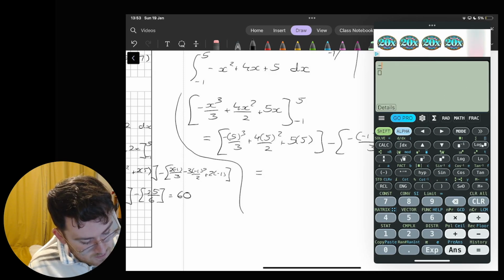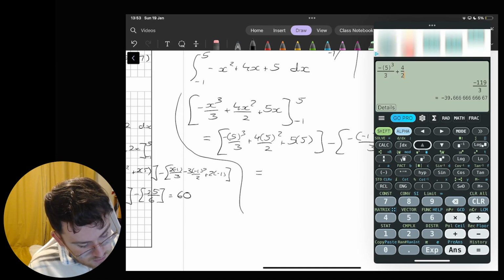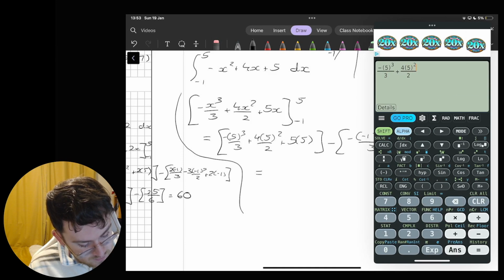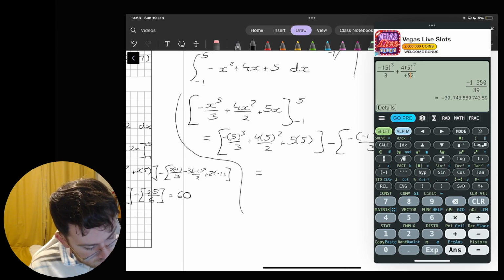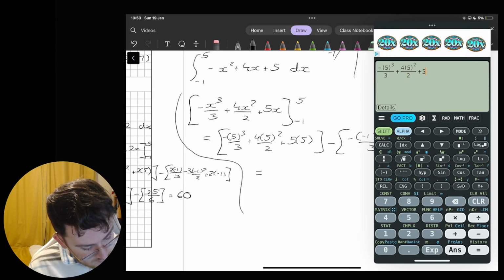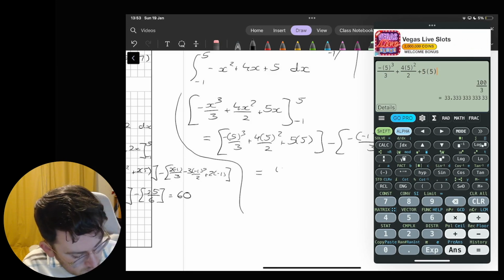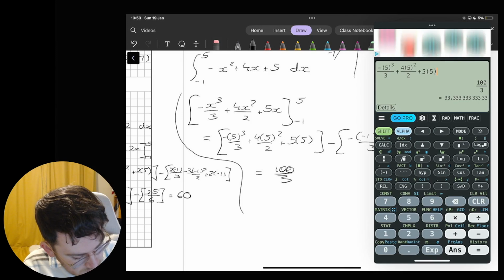So 5 cubed over 3 plus 4 over 2, 5 squared plus 5 times 5. Oh, sorry, I keep adding that in the wrong place. Plus 5 times 5, is that all filled in correctly now? Yep, 100 over 3 seems to be.